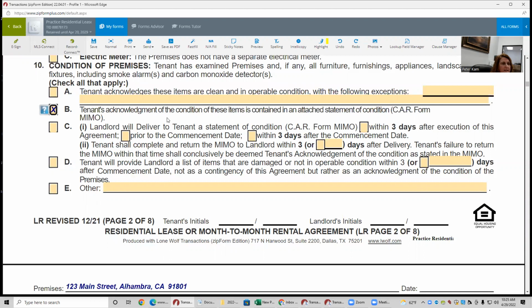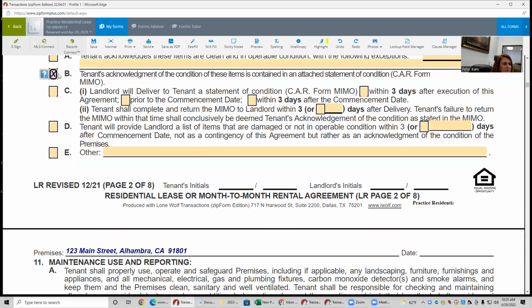It has two sides of the form. One will be for the move-in side and the other is for the move-out date. The landlord will also be signing this document. So make sure that you are documenting that not you, but the tenant is documenting the condition of the unit on an MIMO. And then that's all I would check there.